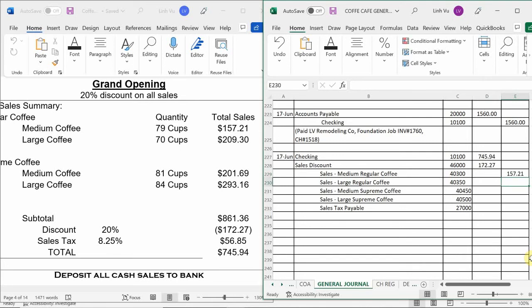What about my large regular coffee? 209.30. My medium supreme coffee? 201.69. And my large supreme coffee. 293.16. And last but not least, how much sales tax did I charge? $56.85.